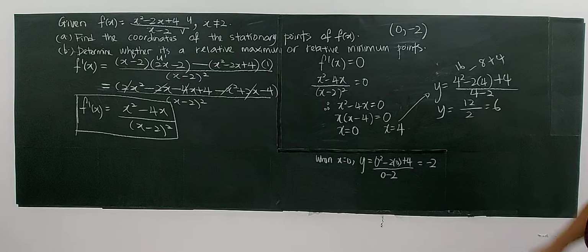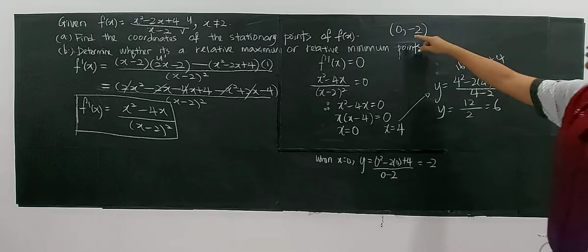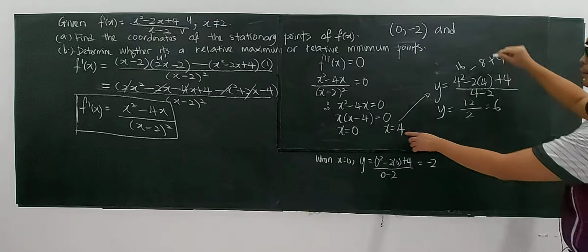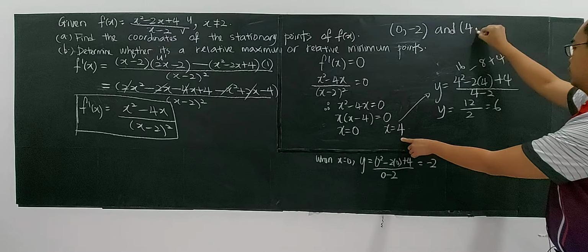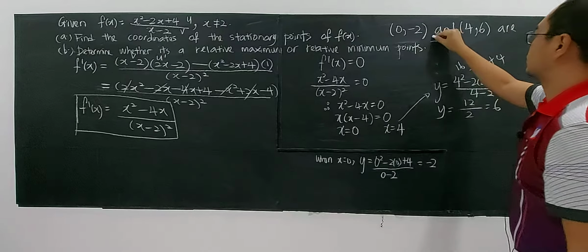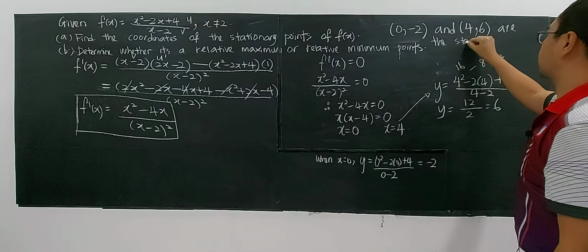So you're getting 6. So it means that 0, negative 2, and 4, 6 are the stationary points.